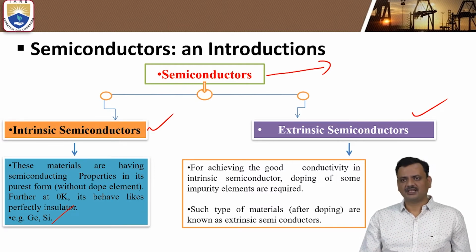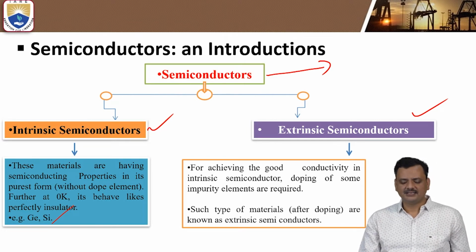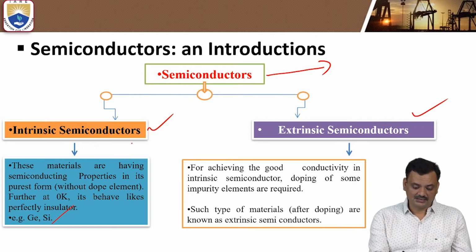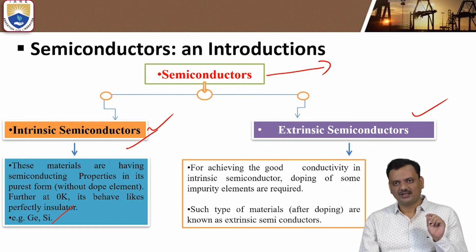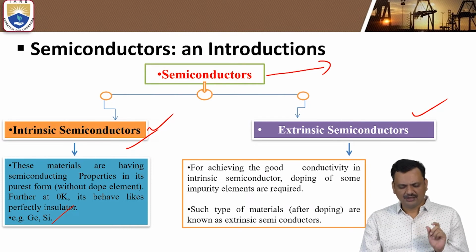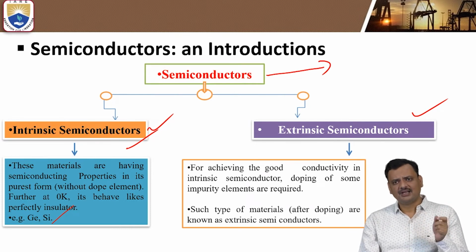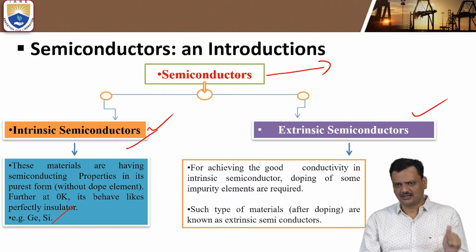The same thing is written here: for achieving good conductivity in an intrinsic semiconductor. This is an intrinsic semiconductor. Basically, it is an insulator at 0 Kelvin, but if we increase the temperature, it will show some conductivity, not very good, moderate, even less than moderate.